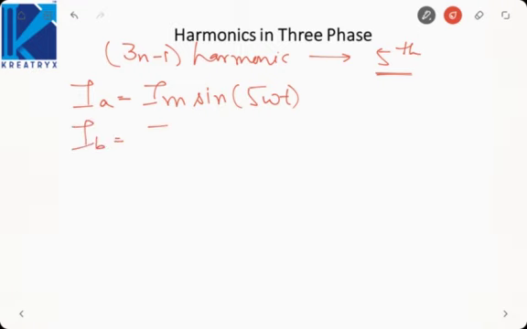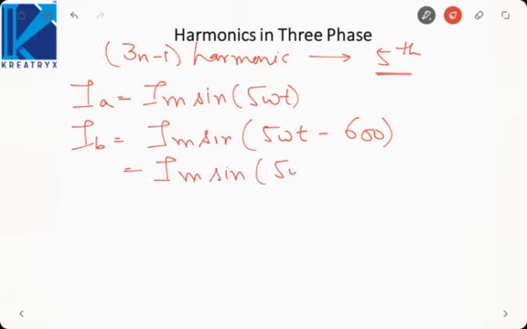IB will be Im sin 5 omega t minus 600, 120 into 5. Now it can be written as Im sin 5 omega t plus 120. What I have done is, I have made this 600 is equal to 720 minus 120. So minus minus will become plus, it will be plus 120.